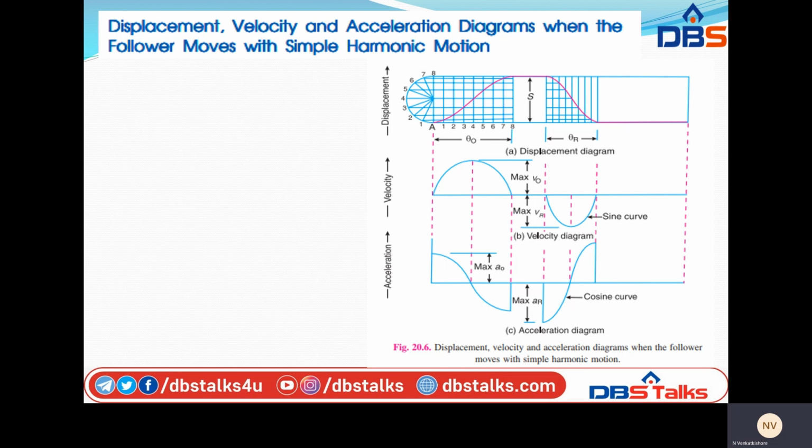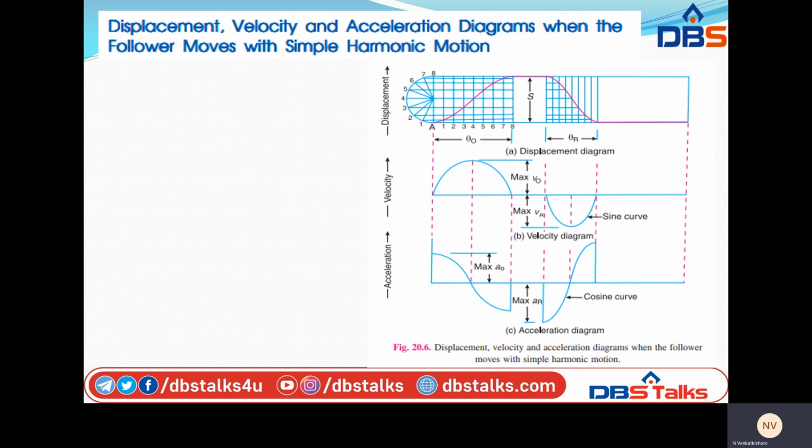The displacement diagram is obtained by projecting the points. Where these two intersect, based on that, from the circle we have 8 divisions, and in the horizontal, that is the angular displacement, which represents time, there also for a period we make 8 divisions.